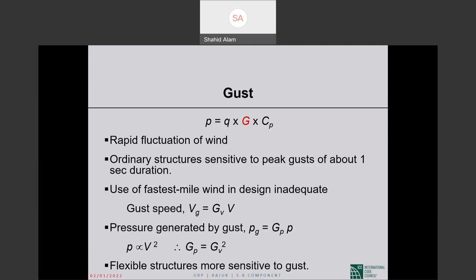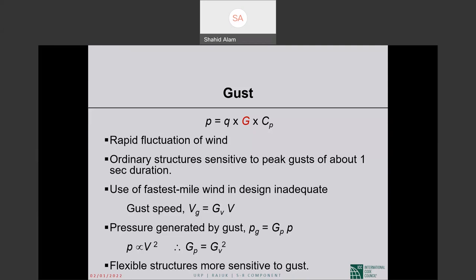Flexible structures are more sensitive, rigid structures are less sensitive. Use of fastest mile wind in design is inadequate. Before we switched to 3-second gust speed in AC 798, the design basis in the United States was fastest mile wind speed.